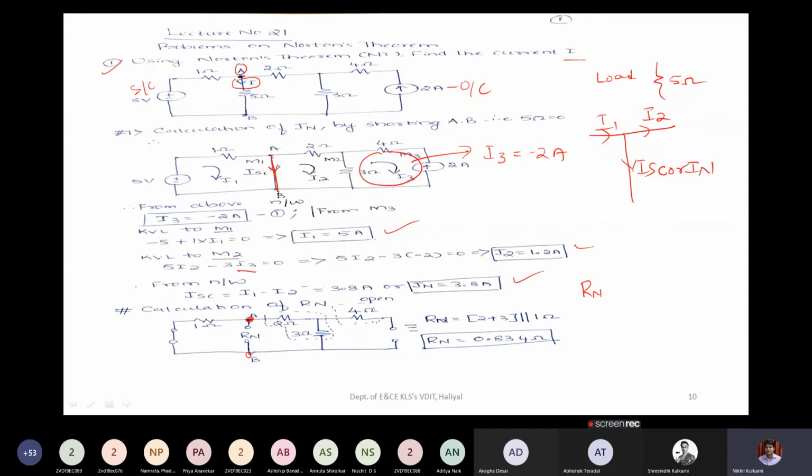See this 4 ohm resistance, it is connected somewhere like this. You are calculating resistance here. If one end has some resistance and the other end is open already, then R_xy will become 1 ohm only, because this end is completely open, so this can be discarded.